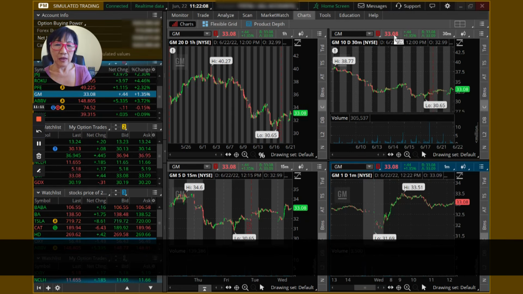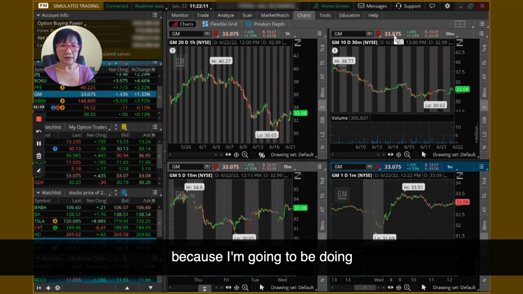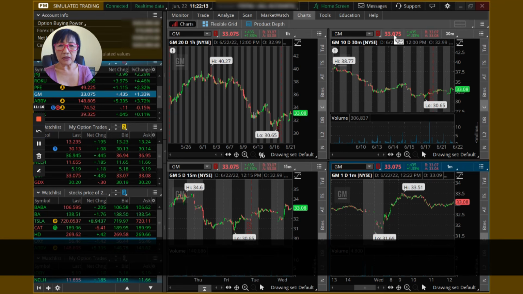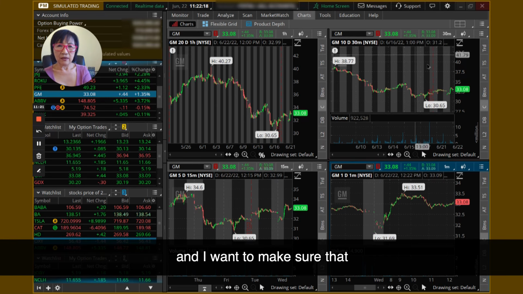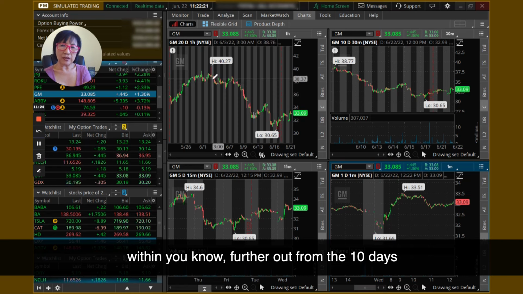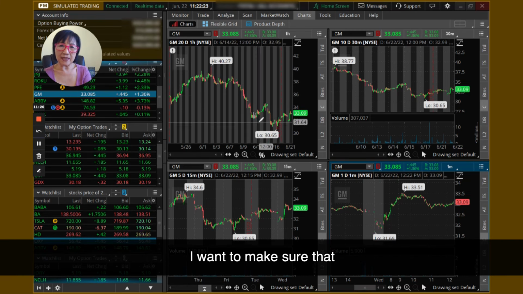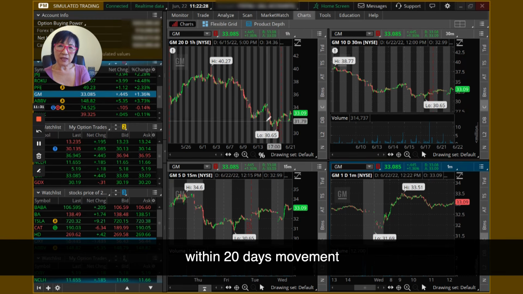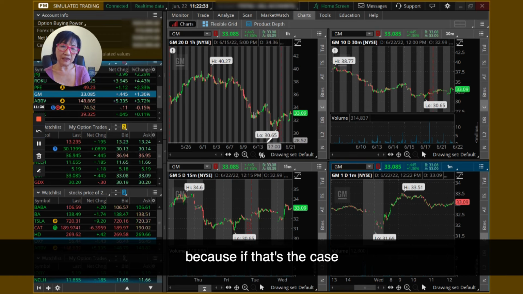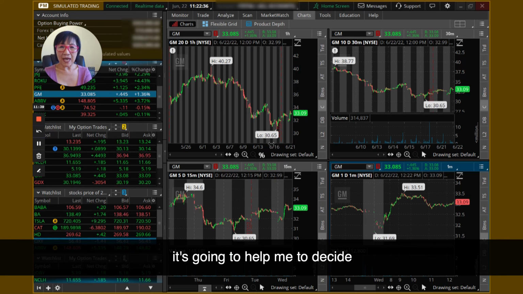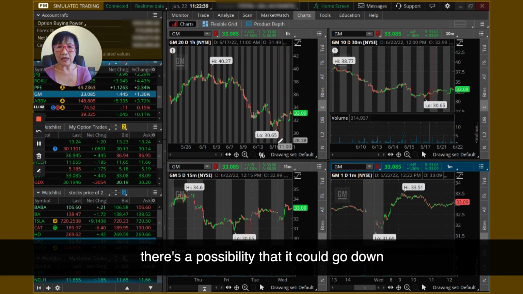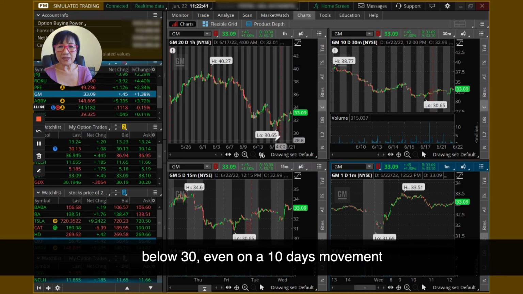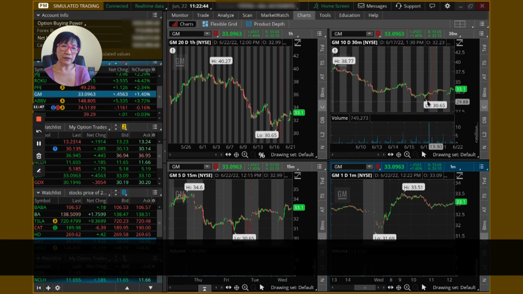All right, so again, because I'm going to be doing a 10-day trade, I want to make sure that, further out from the 10 days, the 30.65 within the 20-day movement has not gone down to maybe 20 or 15, right? Because if that's the case, it's going to help me decide there's a possibility that it could go down below 30 even on the 10-day movement.